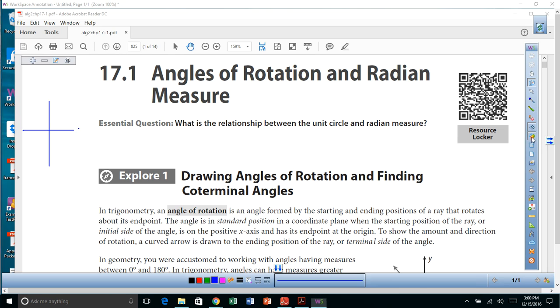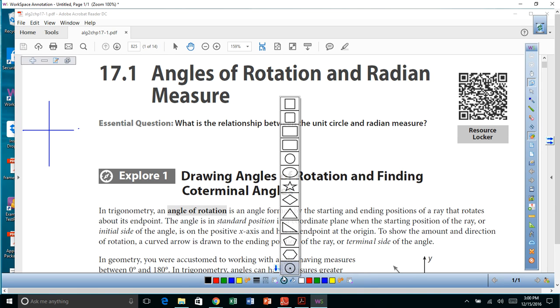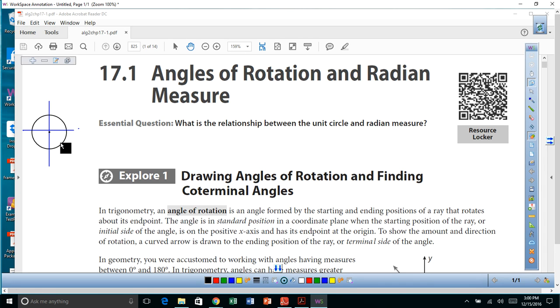And get a circle. I didn't hit it right on there, but I got close. Okay, so this point right here is going to be (1, 0). And this point right here is going to be (0, 1).